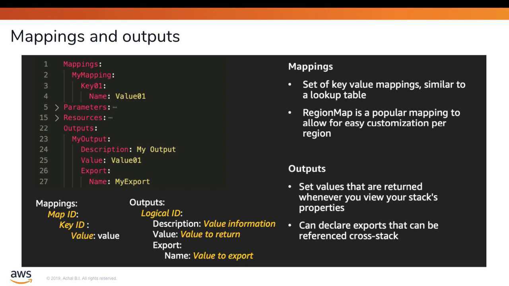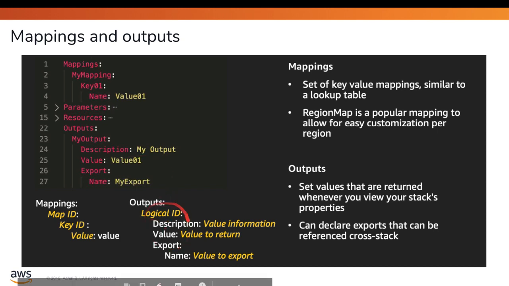When it comes to mapping, as I told, it would contain a map ID, key ID, and value. So whenever you need a value, you might have to go in this order to select the map. Here, let's see how we have done that.